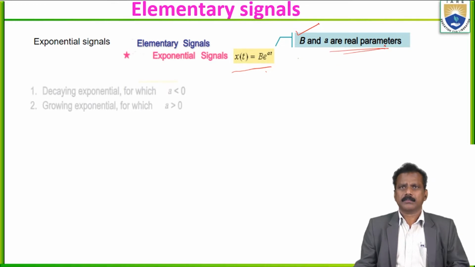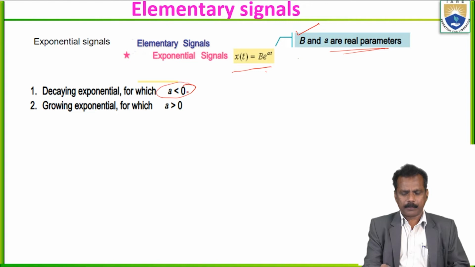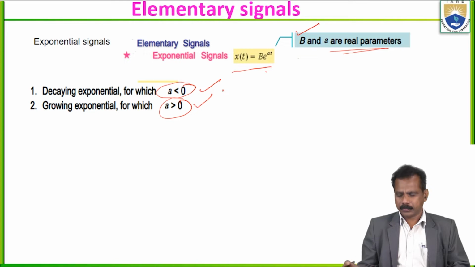It is a decaying exponential for which a is less than or equal to 0, and a growing exponential for which a is greater than 0. So we can easily estimate the exponential signal.